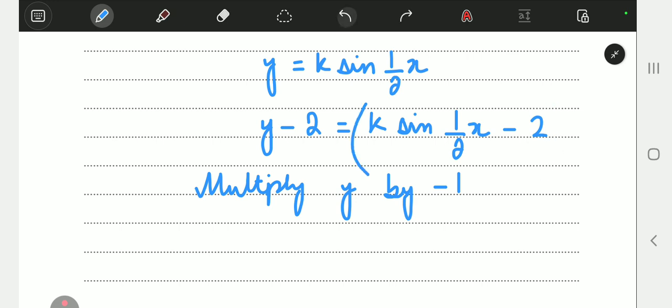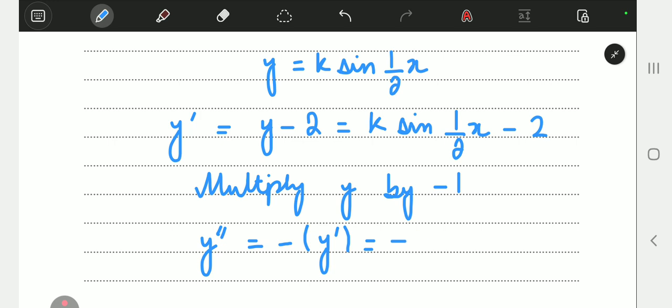So this whole thing will be multiplied by minus 1. You may call this y prime or y dash, since we have already done y minus 2. Now y double dash is just to differentiate between the y's. So it will become minus y, which is minus k sine half x minus 2.